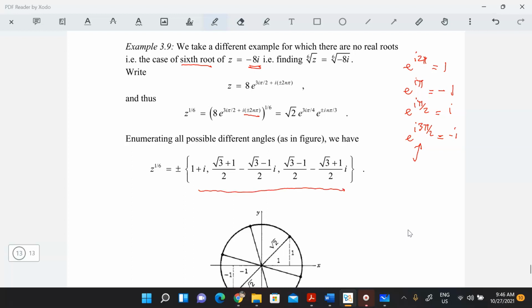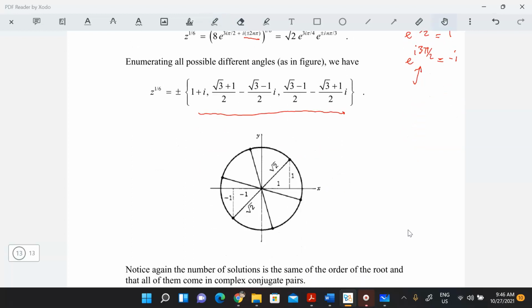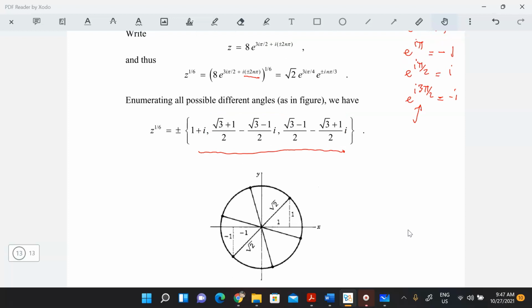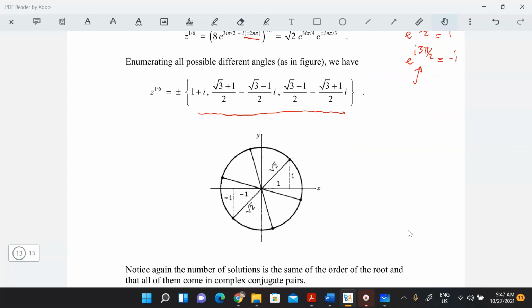You can see that this again lies on a circle of radius 2. Is it radius 2? Radius square root 2, sorry. Yeah, 6th root, sorry, I get confused a little bit.